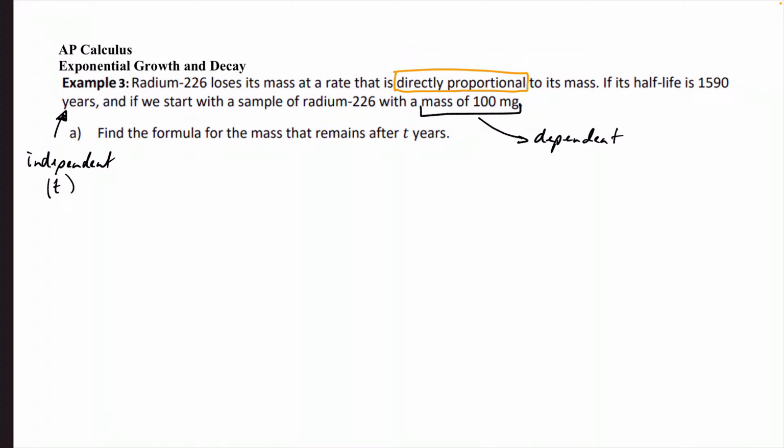So what could I use instead of mg? M for mass, right? I can use capital R for radium. Either of those is okay. I don't want to use lowercase m because that means slope. So capital M for mass, totally okay. Capital R for radium, totally okay.